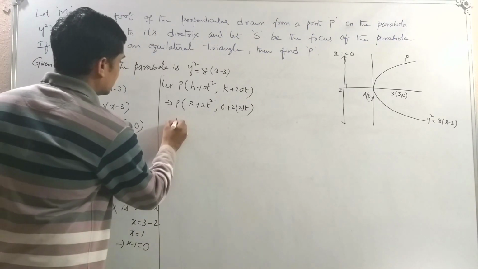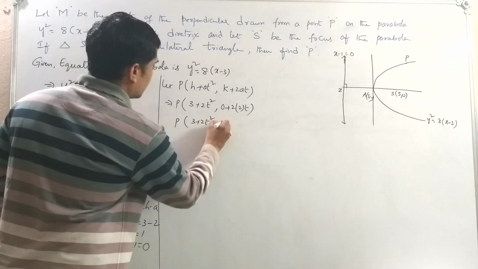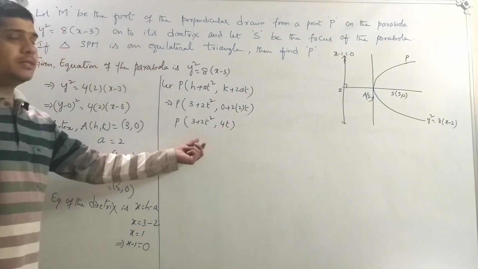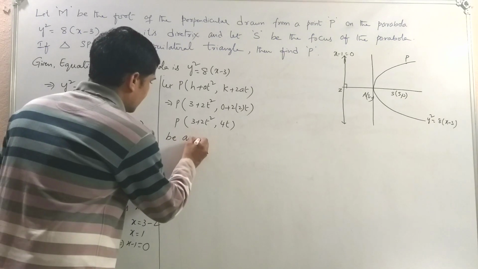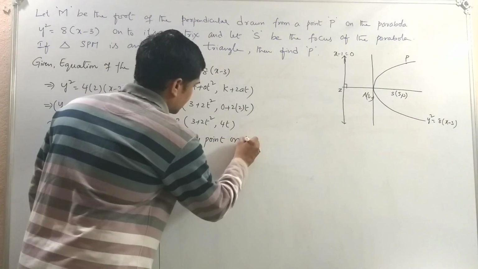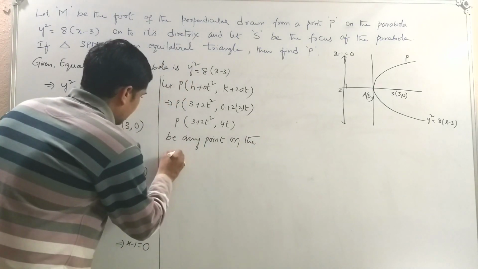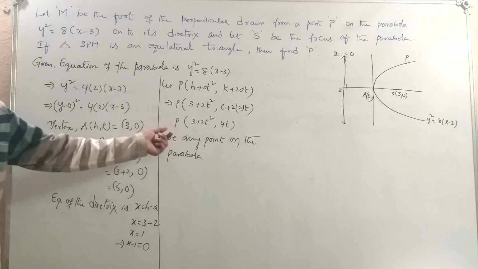So P means 3 plus 2t square comma 4t. So this is any point on the parabola.